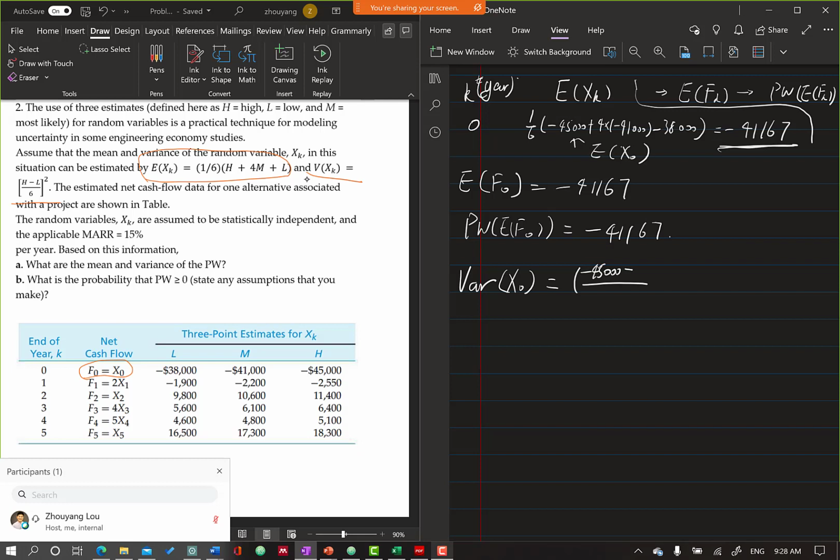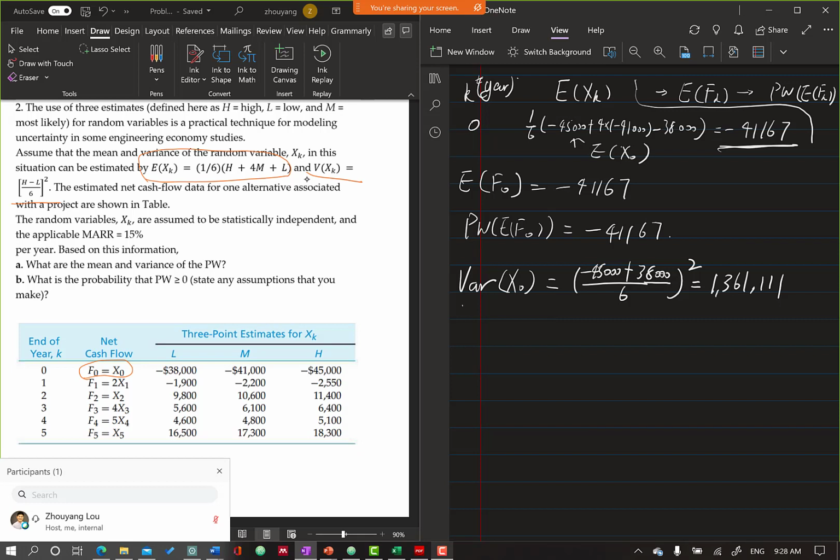Since low is a negative number, we just use plus here, 38,000 divided by 6, and take the square of that, and we will have 1,361,111. That's the variance.